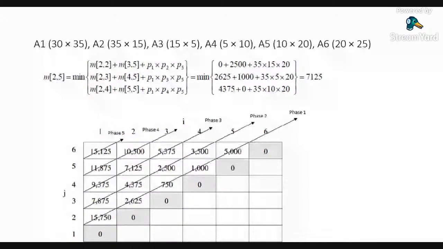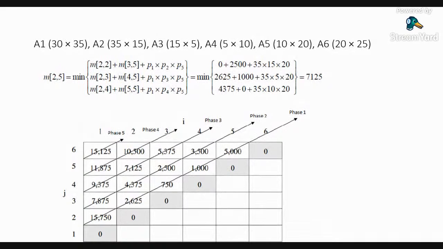Then it is actually m[i][k] plus m[k+1][j]. So this is when the value of k is equal to 2. Here k is equal to 2, here k is equal to 3, here k is equal to 4. If it is from 2 to 5, then the value of k will be 2, 3, 4. So here the first value is 2, then the second value is 3, then the third value is 4.